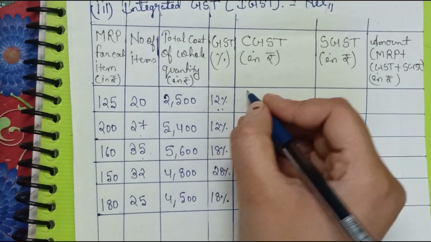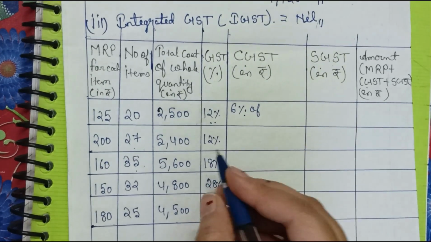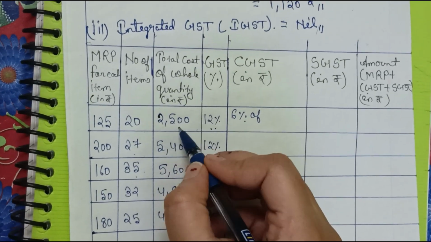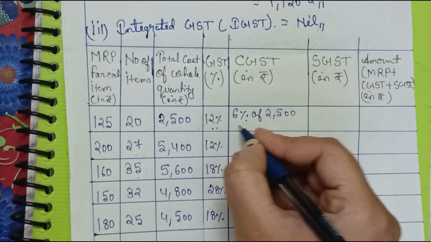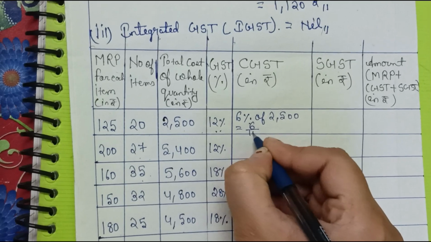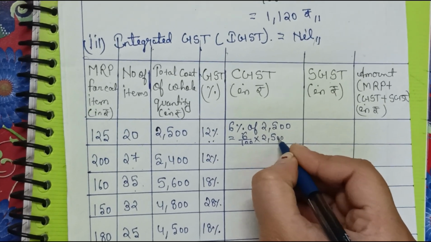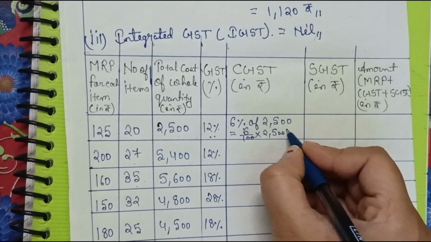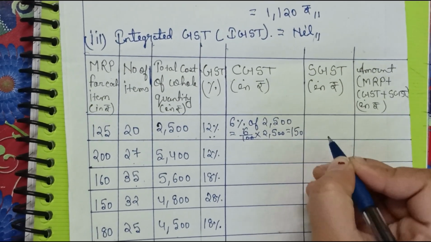So CGST is 6% of the amount 2500. 6%, that is 6 by 100 into 2500. 20 cancel out and the answer is 150.